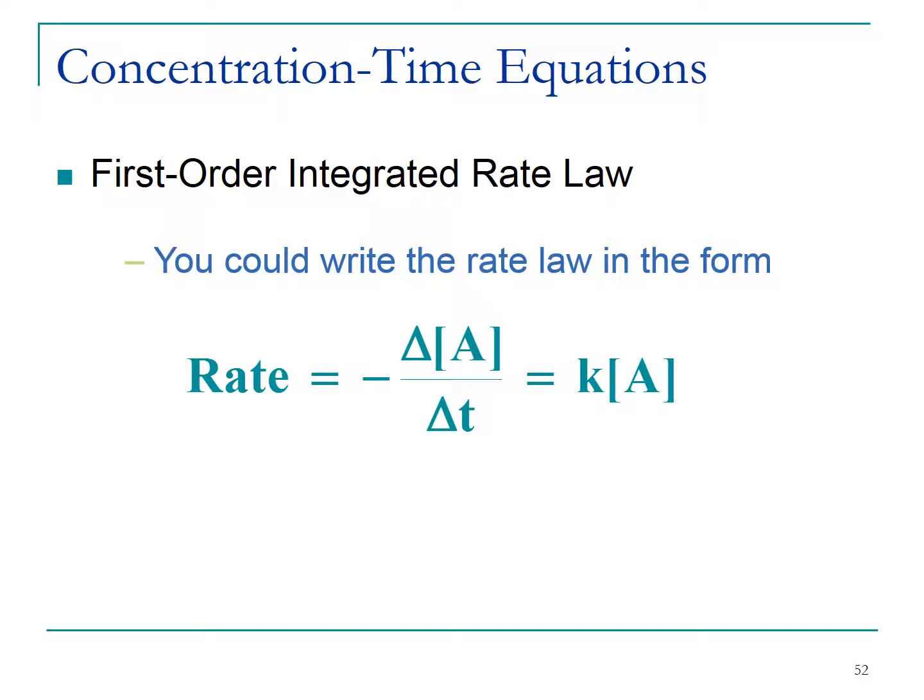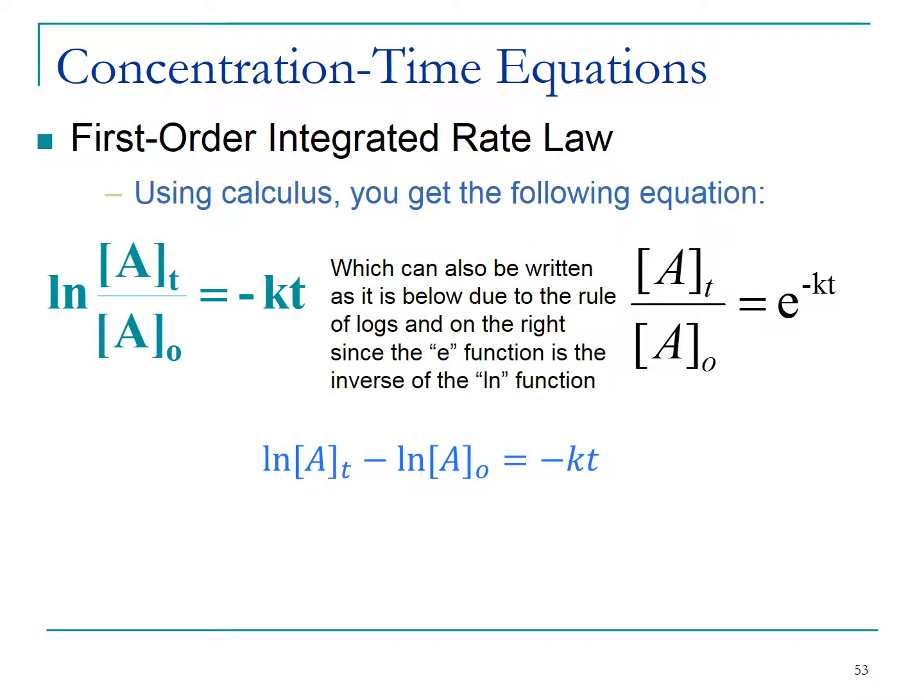And if it happens to be a reactant, which is what we're talking about in this case, it's negative. So the rate is the disappearance, the change in concentration of A over the change in time. And we know that a first order rate law is equal to k times the concentration of A to the first power.